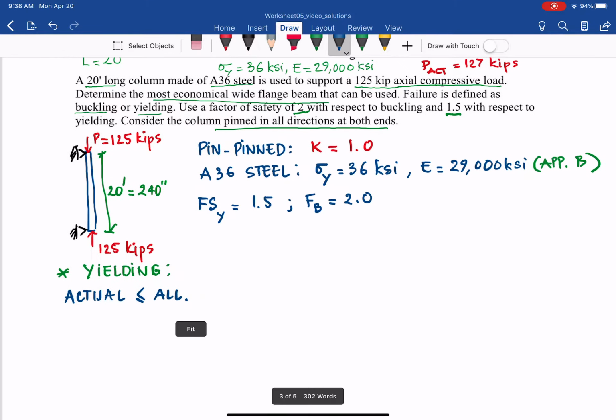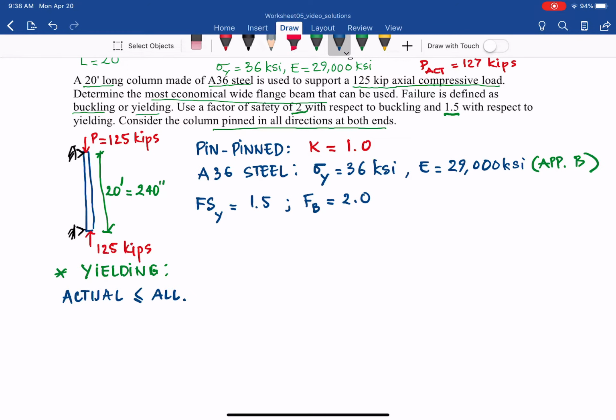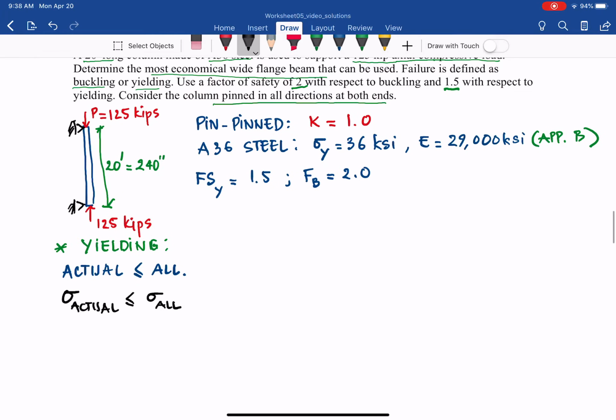In this case, the yield, as you can see, we know the yield stress. So the level in here, actual and allowable level, is determined as a normal stress. So what does that mean? We have sigma actual less than sigma allowable. And sigma actual is equal to, for the normal stress, P over A.